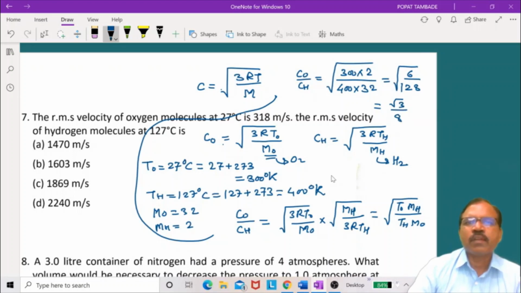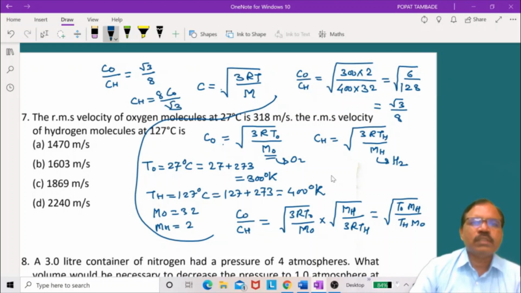So C0 upon CH is equal to root of 3 by 8. So CH is equal to 8 C0 upon root 3.